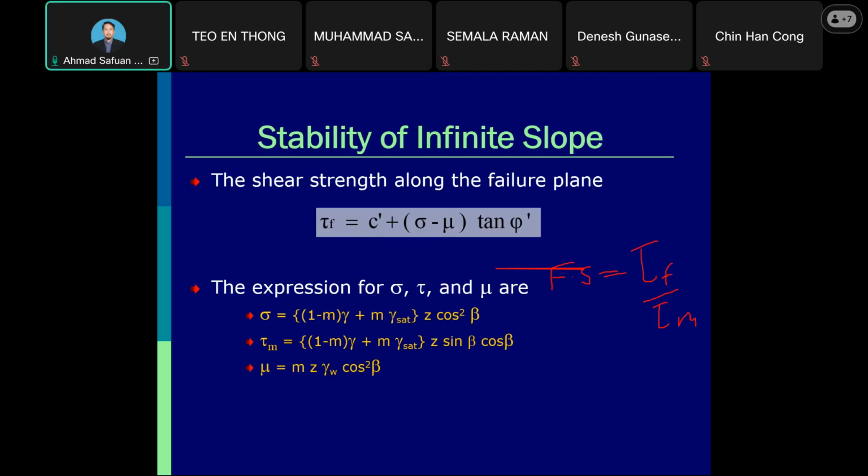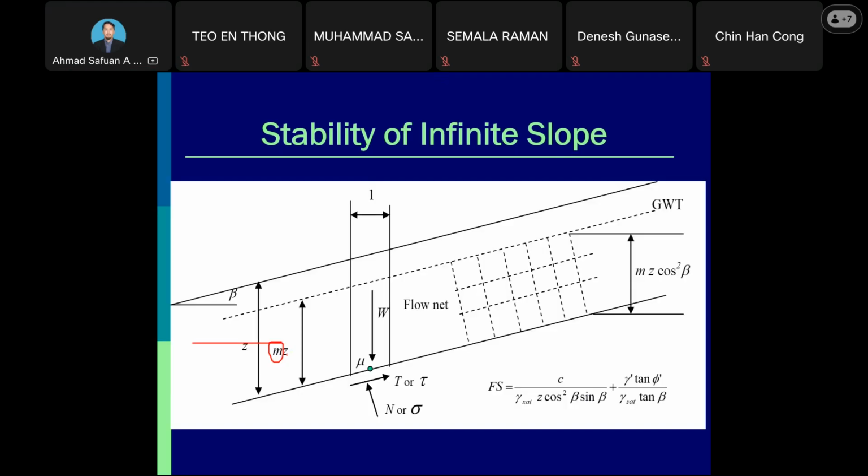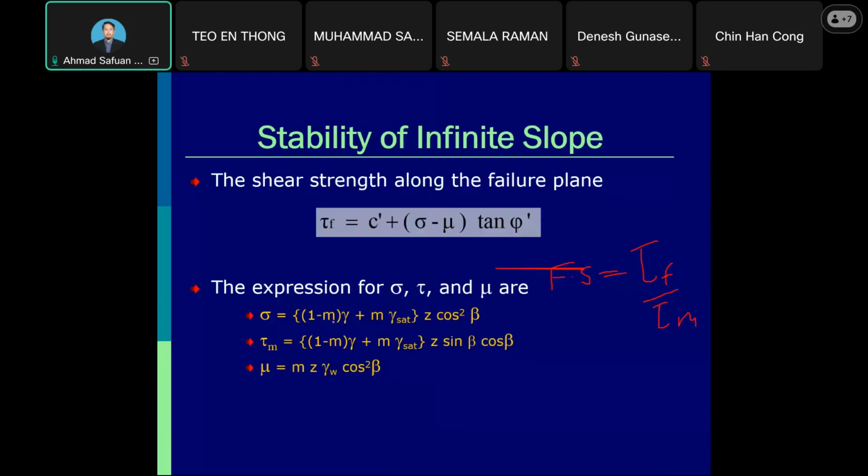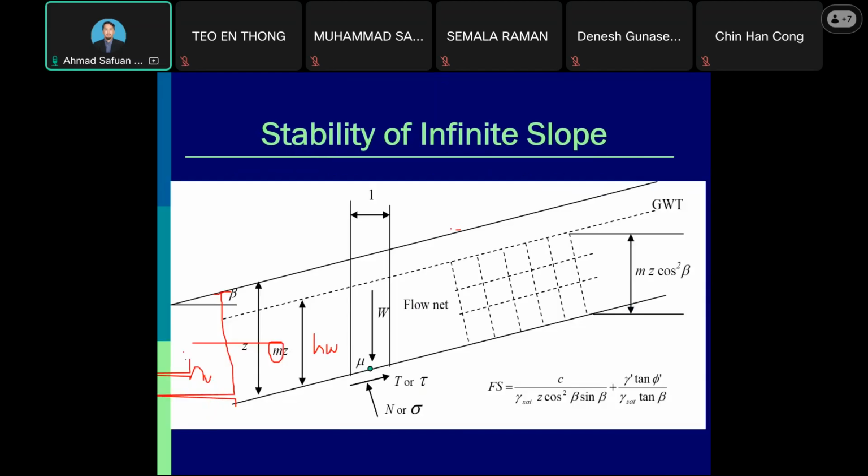So what is m? M is the ratio between the height of the water and the total height of the slope, the H W over H. Let's say if the water level is located at the surface, the ratio between H W over H is equal to 1.